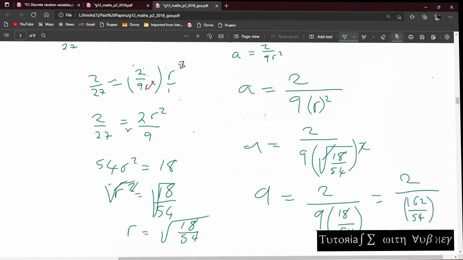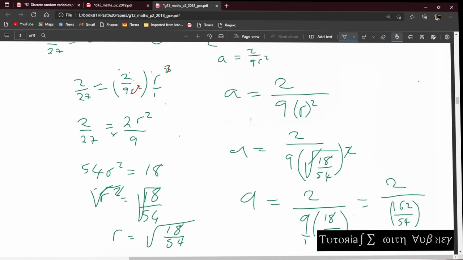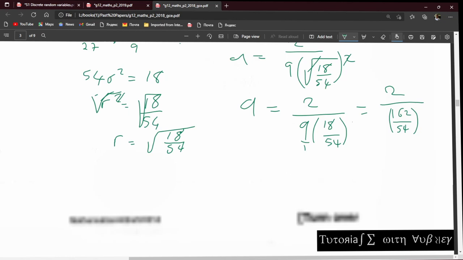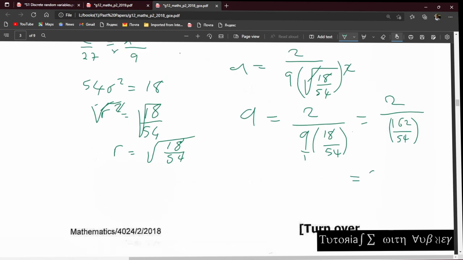Then what you can do here, if you had no calculator, for instance, is say this is the same thing as 2 divided by 162 over 54, which is 2 times, you know that they swap there, then you just multiply 2 times 54, which is 108, over 162, which can further be simplified.